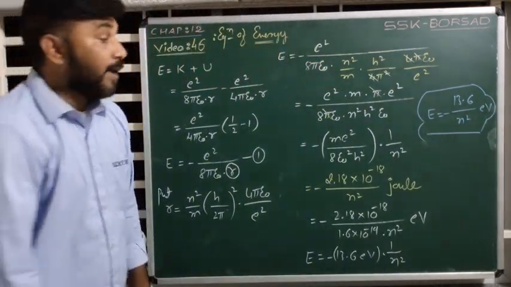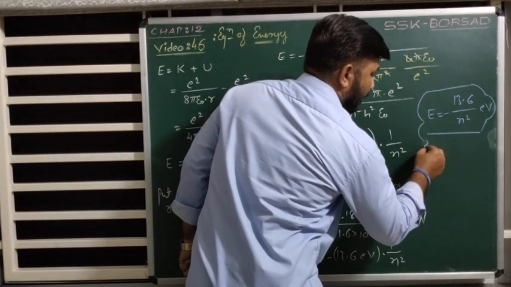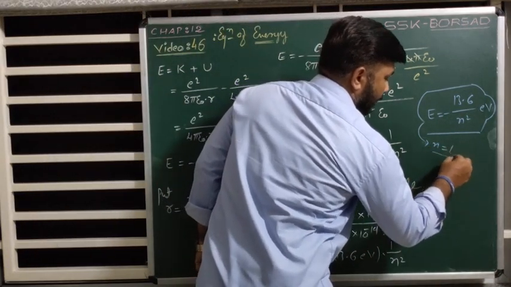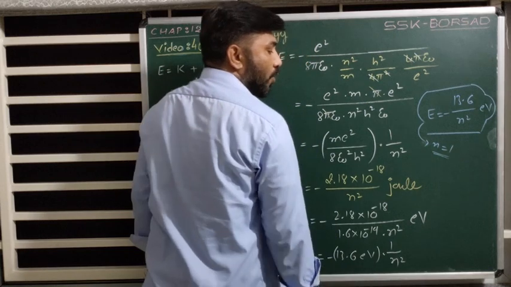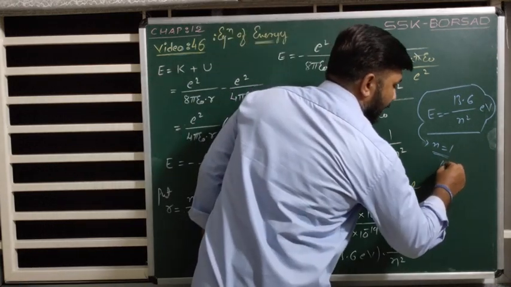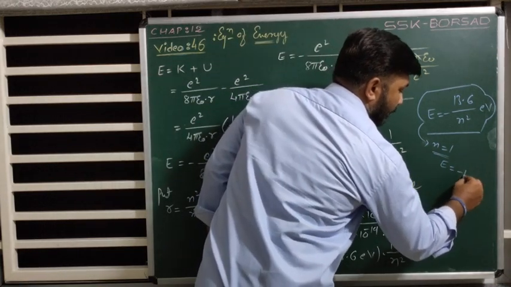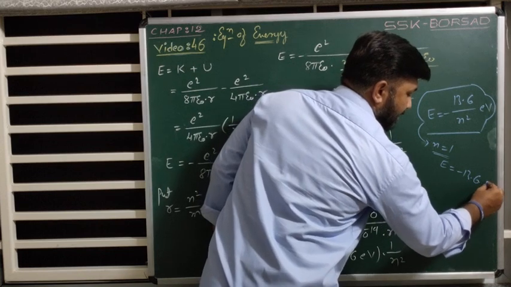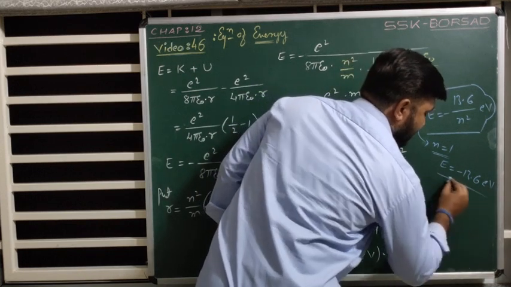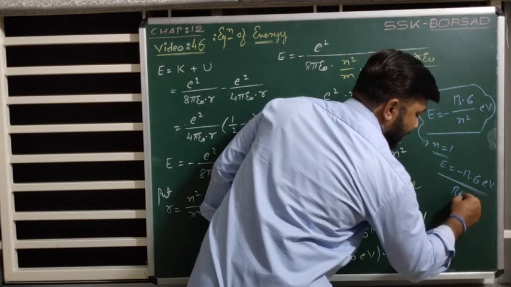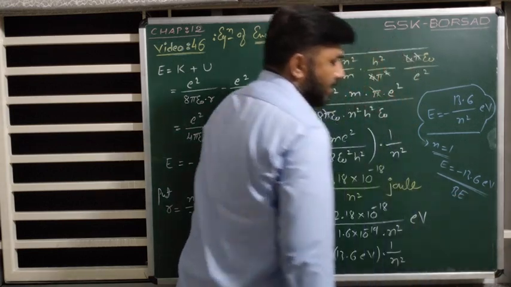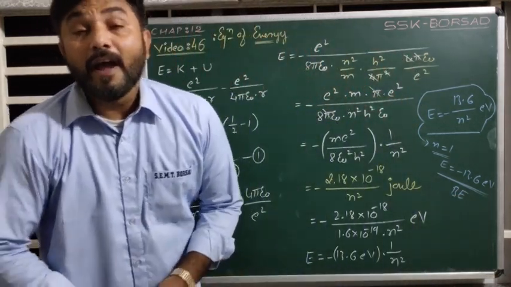If you take n is equal to 1, meaning the innermost orbit, then you get E is equal to minus 13.6 eV, and this is known as binding energy.